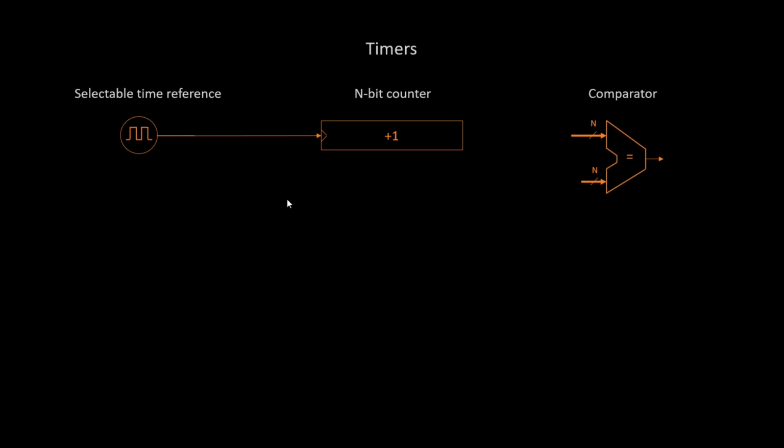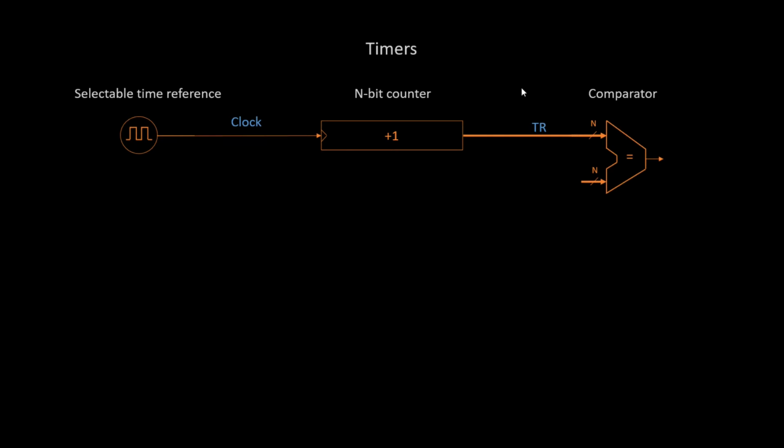So the time reference, the clock, we use to imply rhythm to the n-bit counter. And the counter will output a signal that we'll call the time register or timer register, which is a number that we can translate to time using the time step of the clock, so the period of the clock.